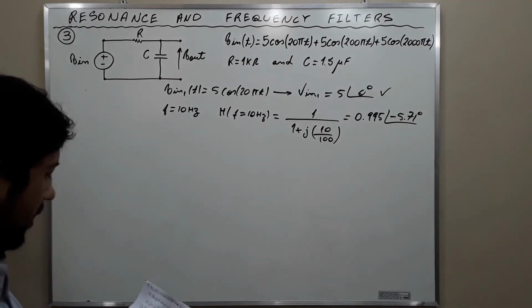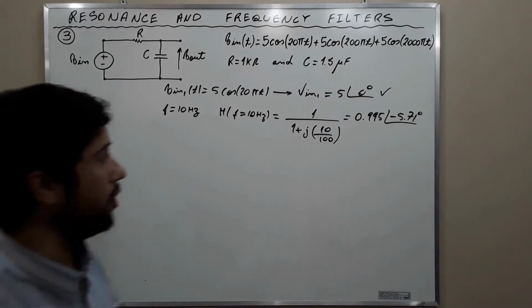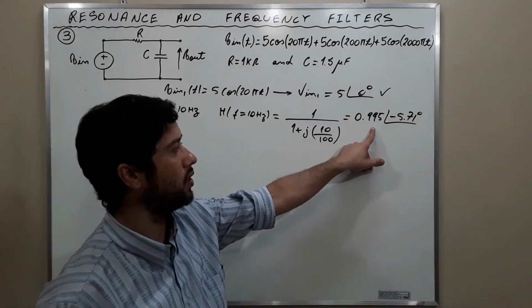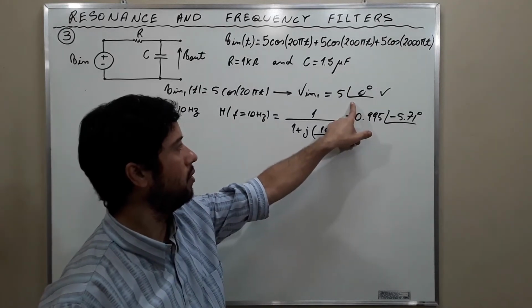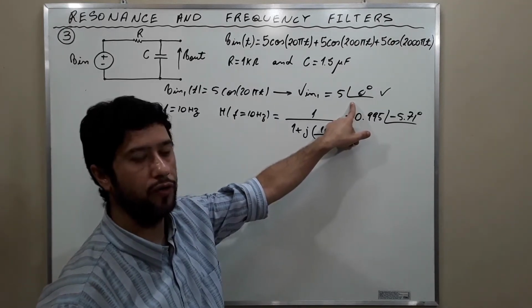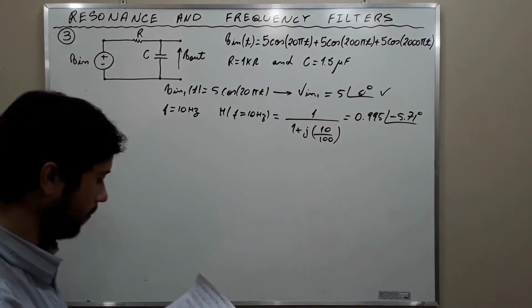Okay, and the output phasor is going to merely be the multiplication between the transfer function and the phasor of the first component of the input signal.